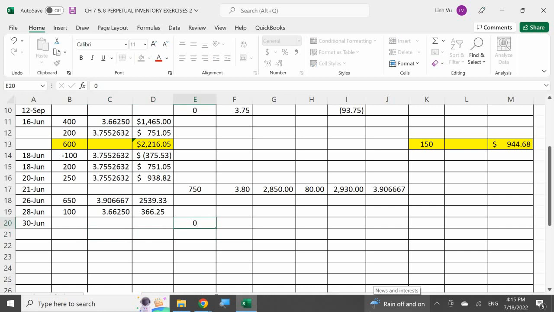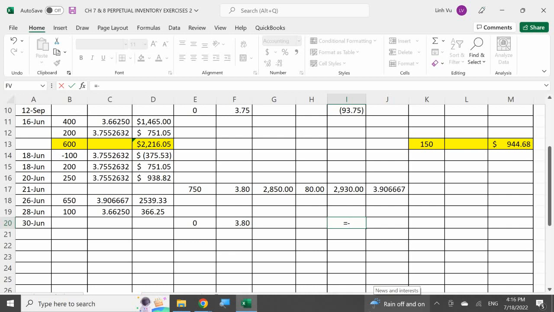Obviously, a discount's not going to affect the quantity, but we know this is for the $3.80, right? So here, my total. I'm going to go ahead and put in here, right? You could either copy the purchase price of the $2,850, or you could go ahead and do the 750.